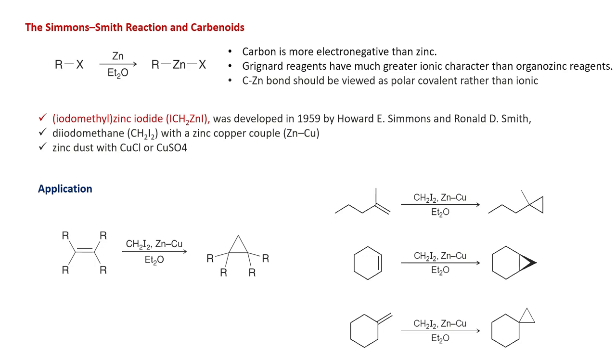Another organometallic compound is based on zinc, and this is known by the name of the Simmons-Smith reaction and carbenoids. Here I would like to remind you that with Grignard reagent there is magnesium, with Gilman reagent there is copper, and with Simmons-Smith reaction there is zinc. It is the same reaction. If you treat your organohalide with zinc in the presence of diethyl ether, you will get a zinc complex.